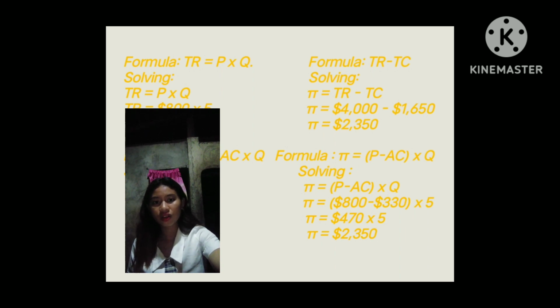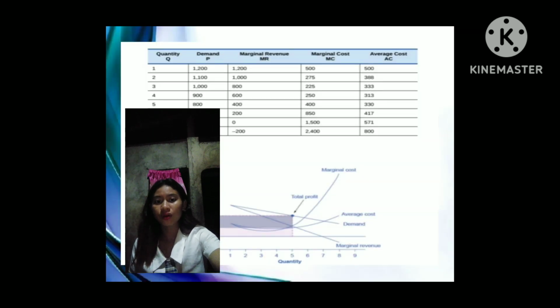So you can either calculate the area of that violet rectangle, or you can simply subtract total cost from total revenue. Both ways will give you the exact same answer. And there you have it. Now you know how to calculate profit looking at the monopoly graph.